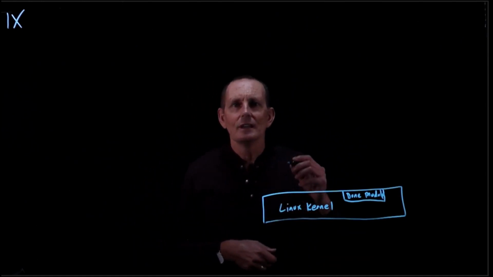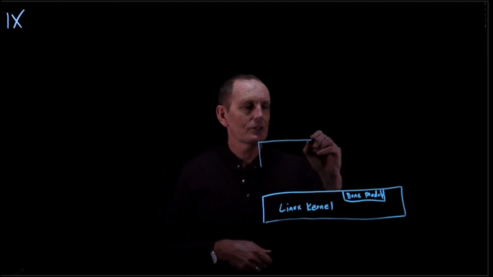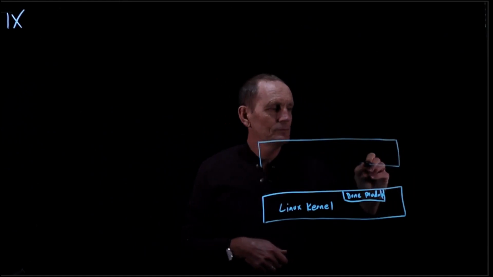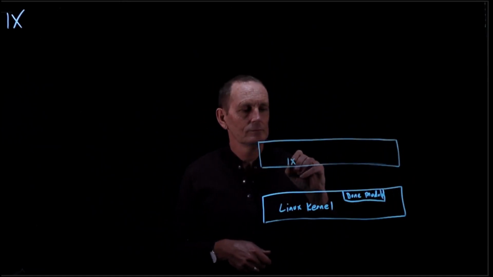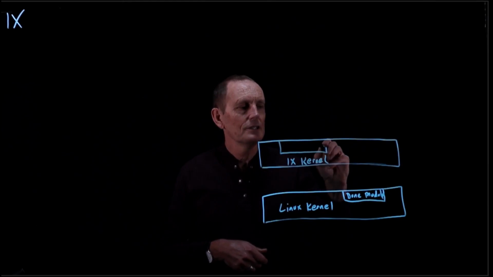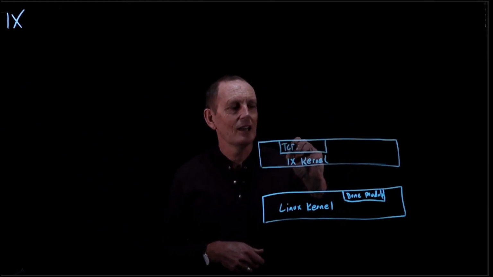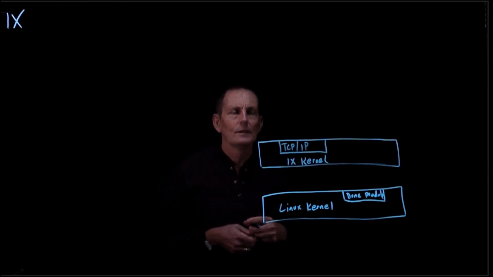Instead, what happens is we've got on top of this an IX kernel. Right? And the IX kernel has its own TCP/IP stack. When we say stack, we just mean code for it, right?